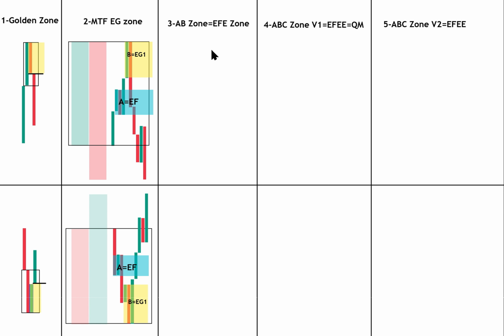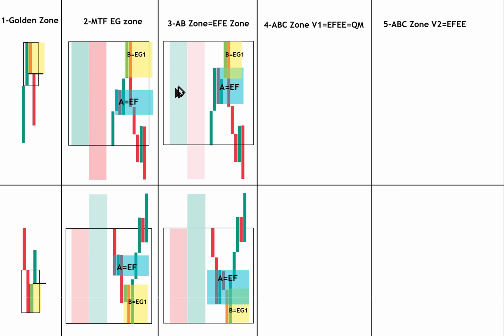In AB, the ABs are actually one engulfing, exactly the same as this multi-time frame one, but the nuance is that they have some overlapping here. Have a look at this one. We're going to wait till this engulfing happens. Don't be tempted to go inside this one and assume it's going to close here.